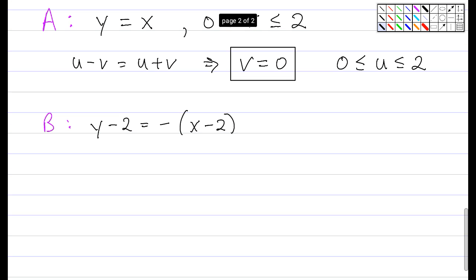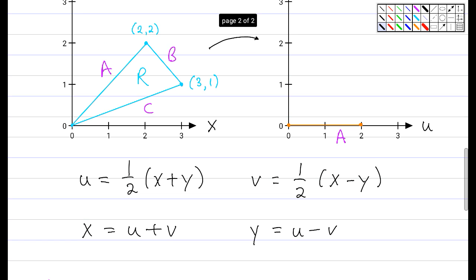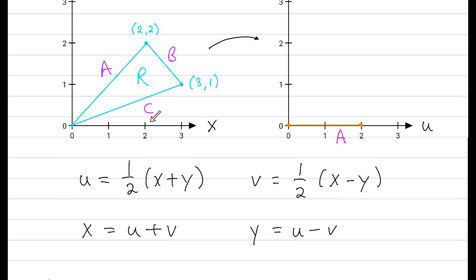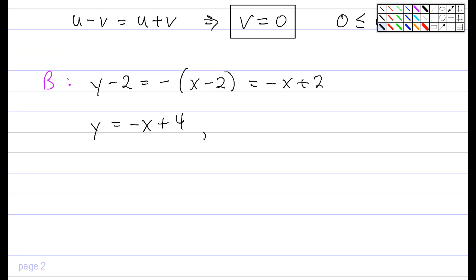So that's just equal to minus x plus 2. So solve for y, and I get y is equal to minus x plus 4. Okay, there we go. Now, what values of x does this correspond to? It's just the values from 2 to 3. So I'm going to put that down here. x goes from 2 to 3. Looks good.